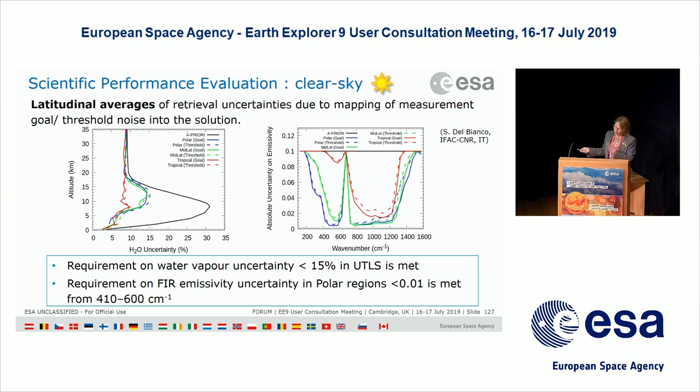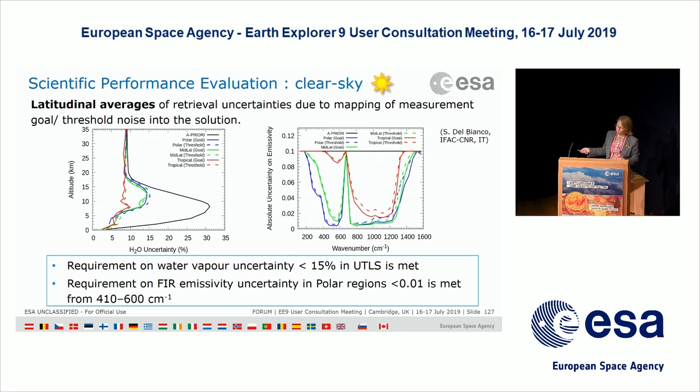Because it's a percentage uncertainty, you have low water vapor in polar regions, so then the uncertainty is larger, basically, but it is all within the requirement of 15% in the UTLS for FORUM.